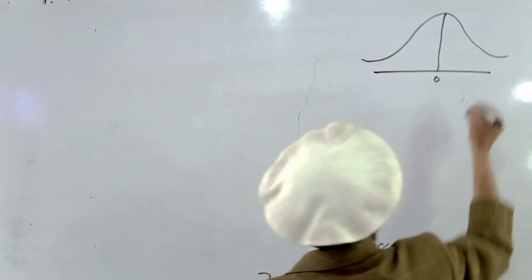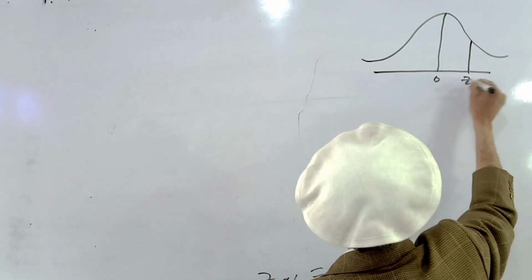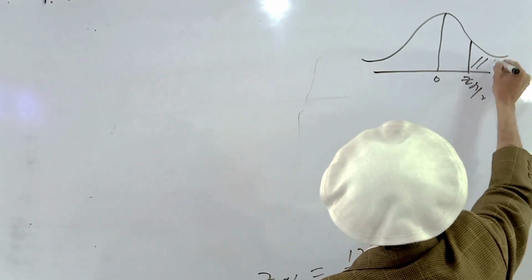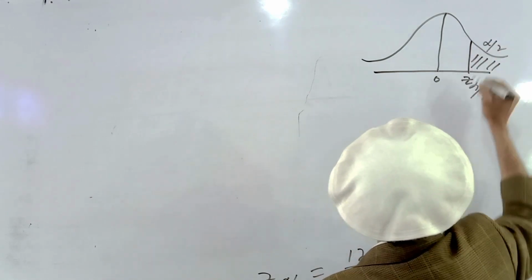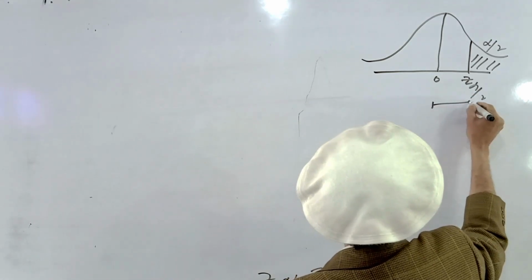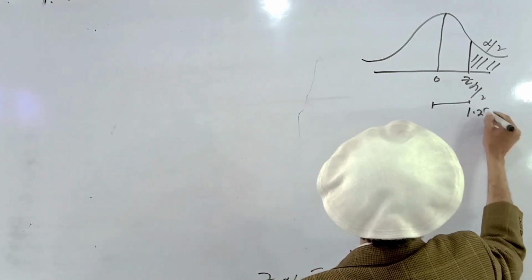So now we check: z alpha by 2 is a positive value, and this area is alpha by 2. We are finding this area for z alpha by 2 equal to 1.28.